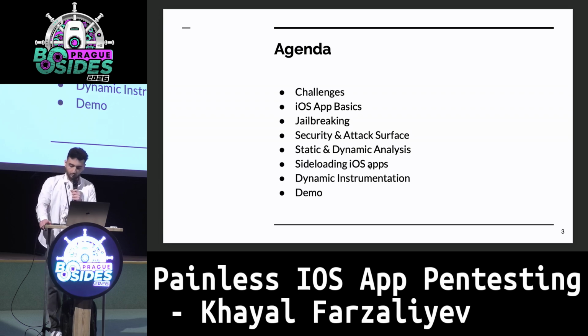Then we will get to the security model of iOS, the attack surface we focus on during audits, and the difference between static and dynamic analysis. And we will talk about how to sideload iOS apps onto our own iOS devices. We will see how to use dynamic instrumentation methods, and we will have a short demo at the end. So let's get started.